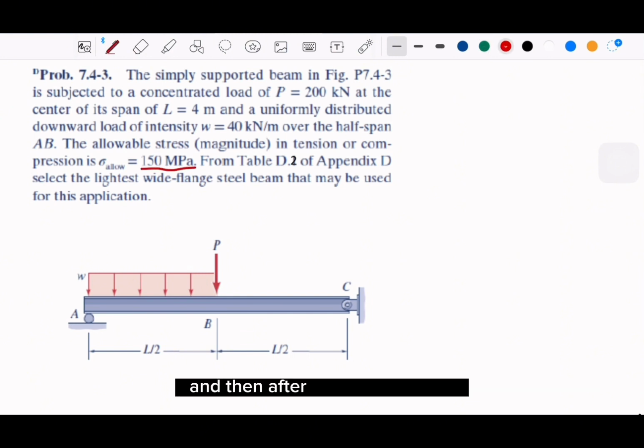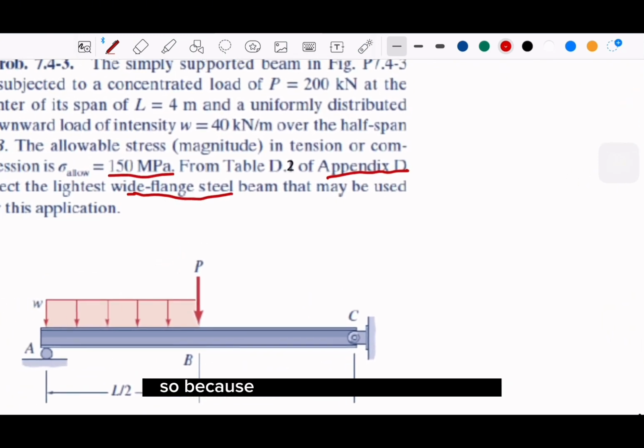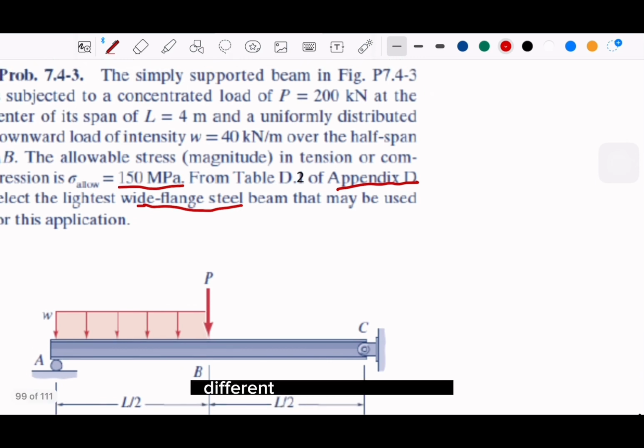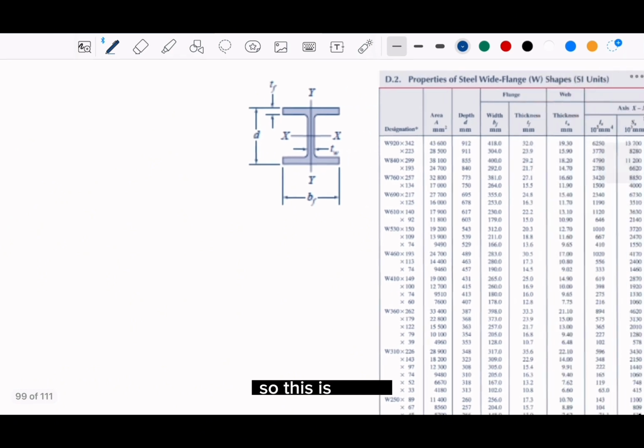And then after some calculation, we need to select which design of wide flange steel from this table, Appendix D, might be used for this application. I will provide the table. Because I'm using a different unit in the textbook, actually this is D2. Okay, so this is D2.